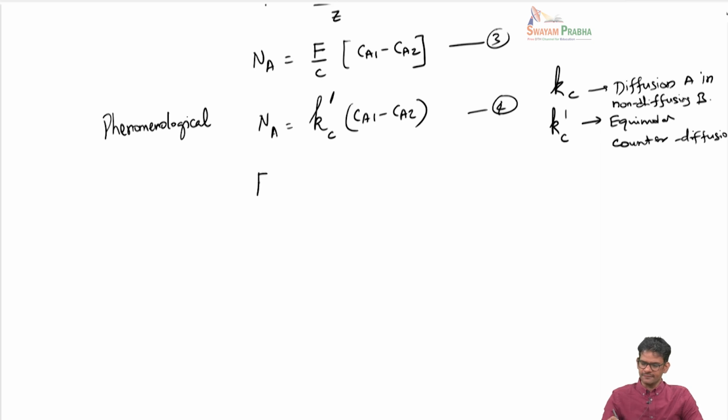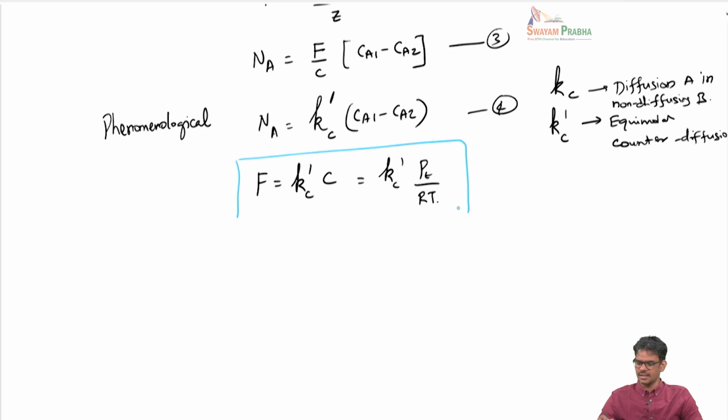We can see that F is equal to Kc prime times concentration C. Or if you want to write this in terms of pressure, it would be P, total pressure, by RT. So, this is the relationship between F and Kc prime.